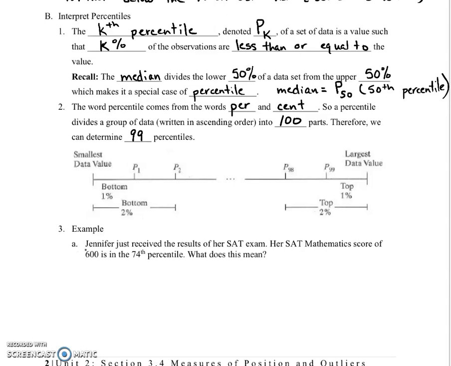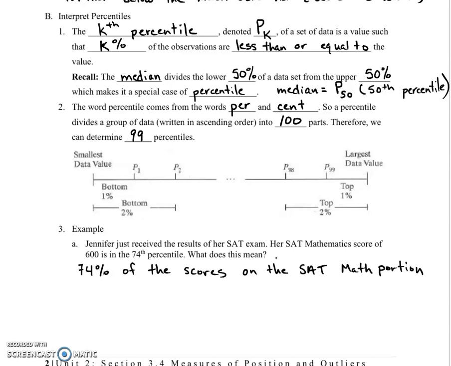Well, it means that 74% of the scores on the SAT math portion were the same or less than Jennifer's score.